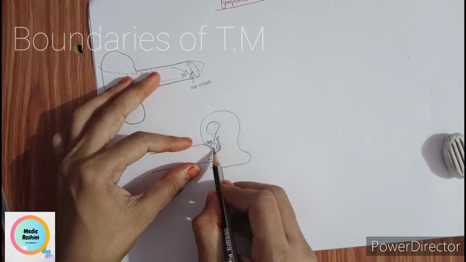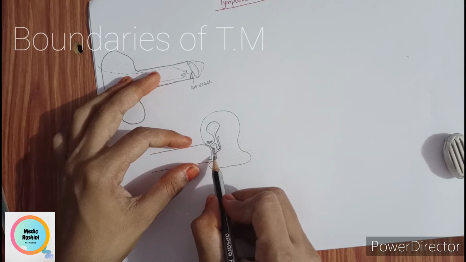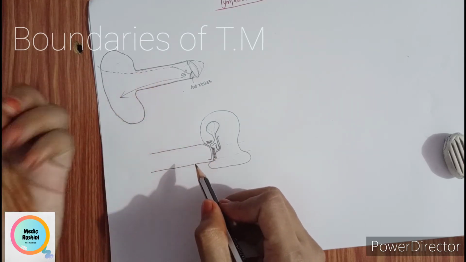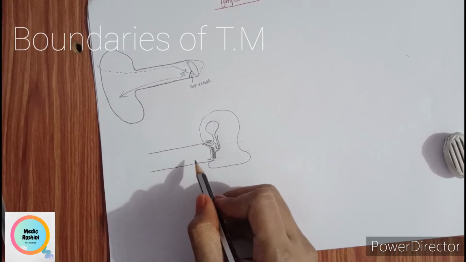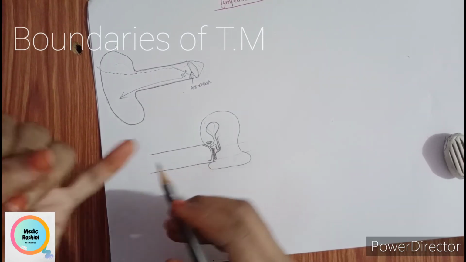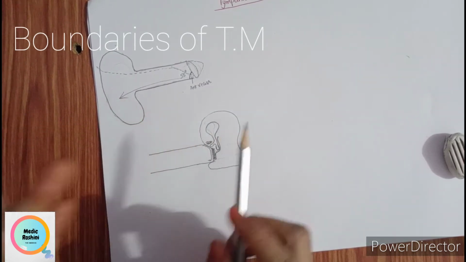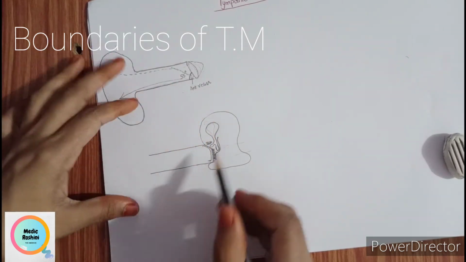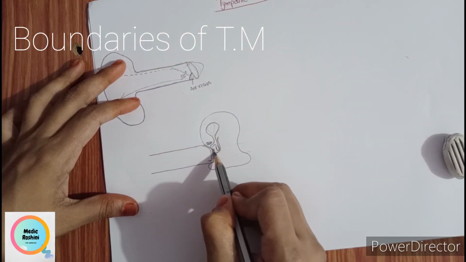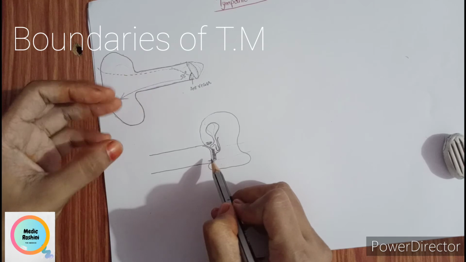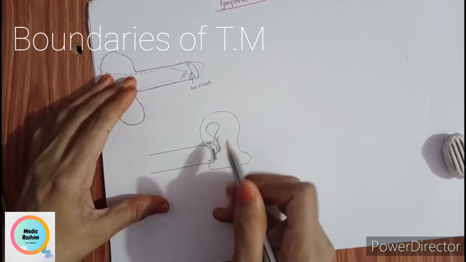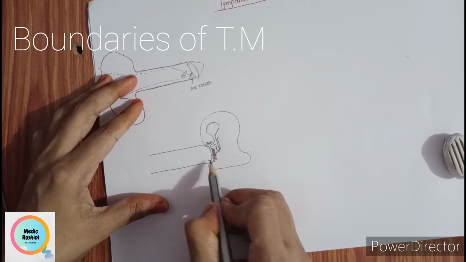In the pars tensa, the connective tissue has radial fibers, circular fibers and parabolic fibers. All these fibers present in the pars tensa make it more tense.